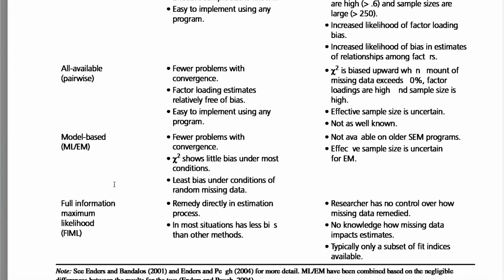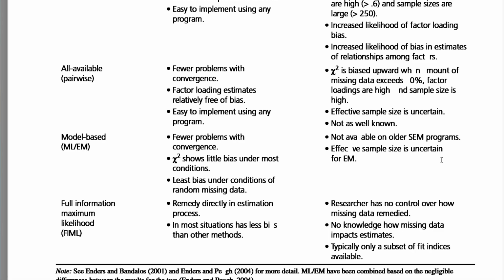Model based: fewer problems with convergence, not available in the older structural equation modeling programs. Effective sample size is uncertain for structural equation modeling. Chi square shows little bias under most conditions.